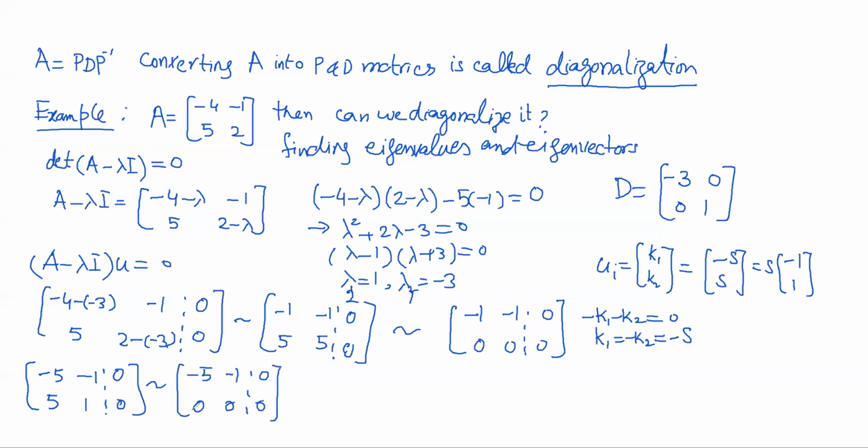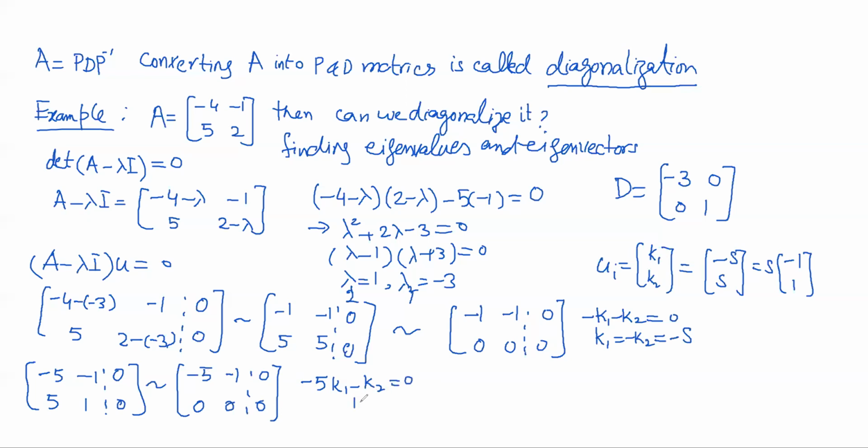Again we have got 0, 0, 0, 0 in this case, which is normal for eigenvector calculation. Now what we get over here, if these are k1 and k2, is 5 k1 minus k2 is equal to 0.